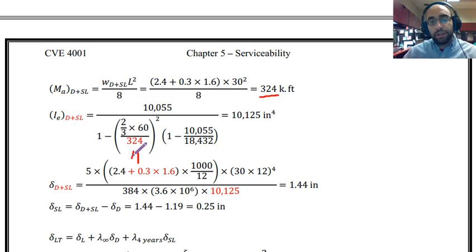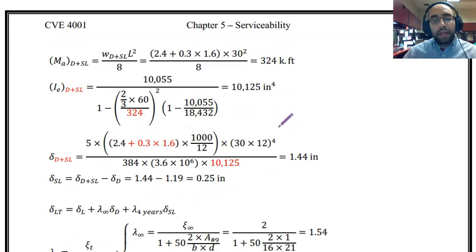So put it over here. You can see that the effective moment of inertia will be 10,124 inch to the power 4. Now I have to just use this effective moment of inertia in the equation for deflection, and also the loading should be updated based on the sustained live load.